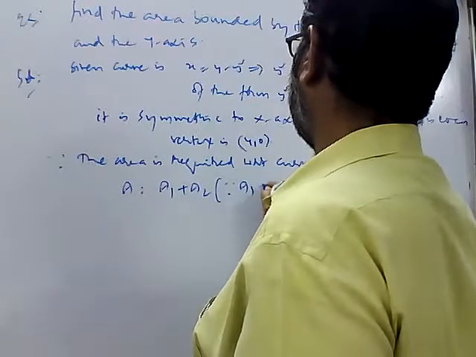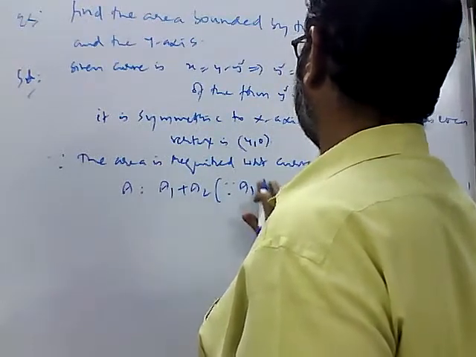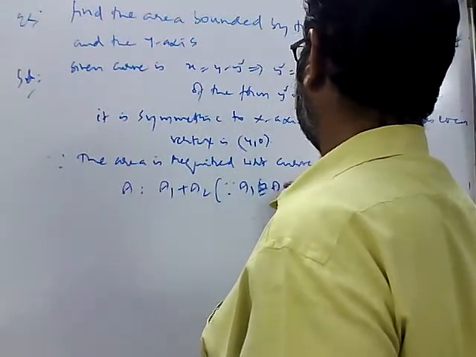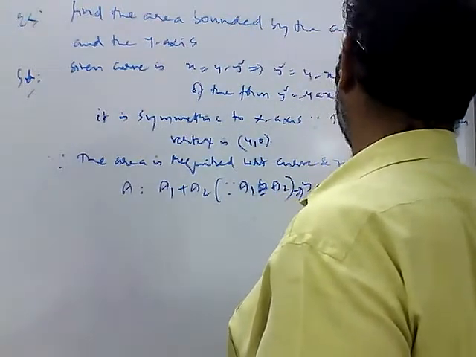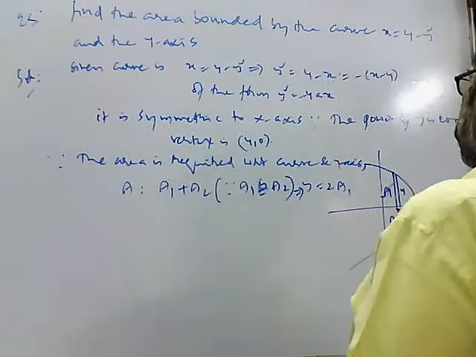Since A1 is congruent to A2, A is equal to 2 times A1.